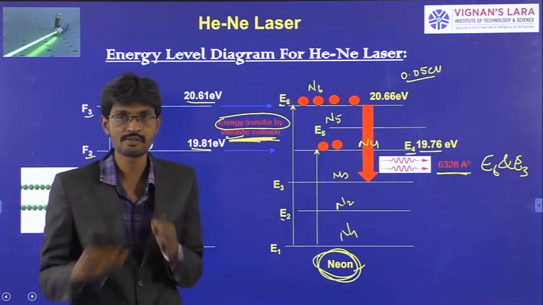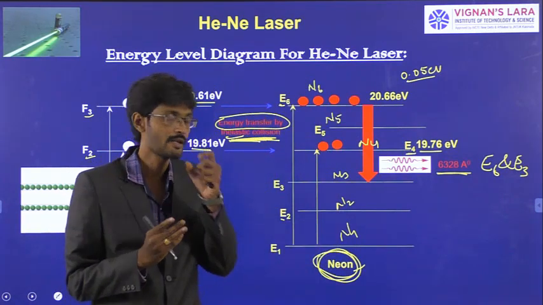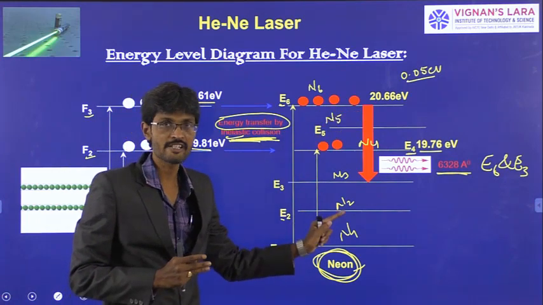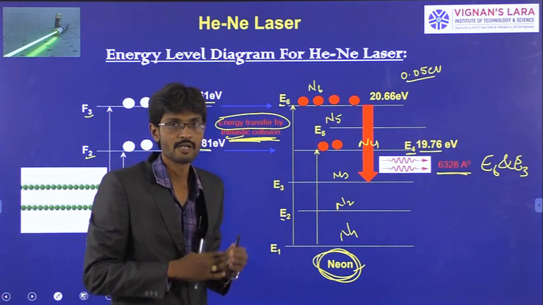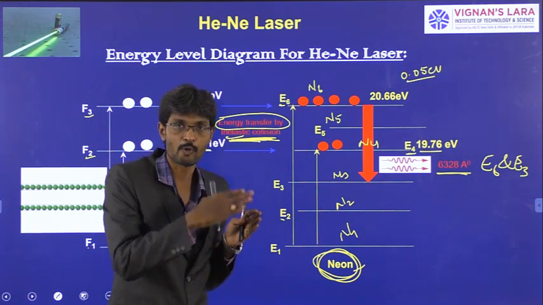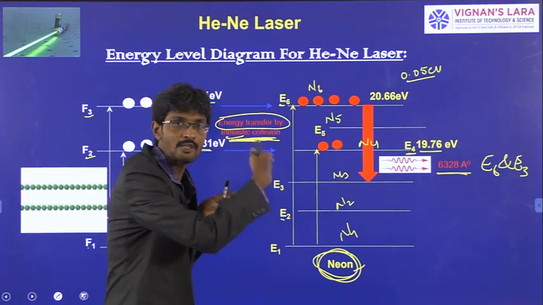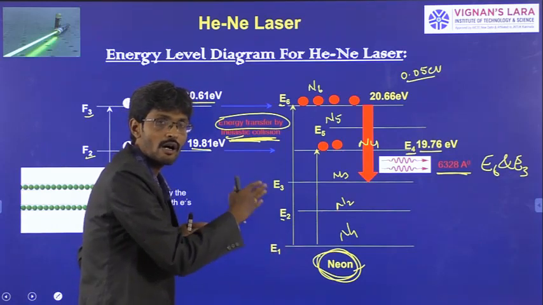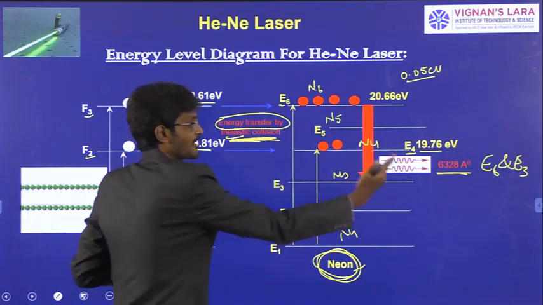Once the population inversion is achieved, one neon ion will make spontaneous emission and it produces a photon. If this photon, for example, is moving parallel to the axis of the optical resonator, it reflects back.